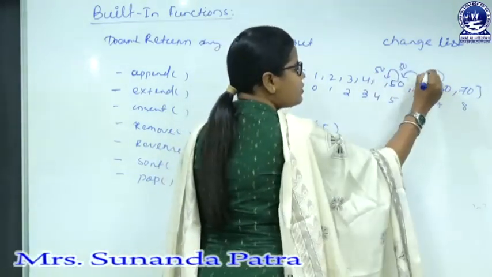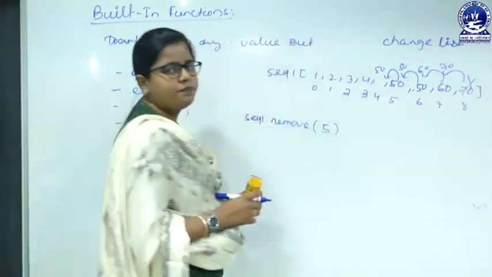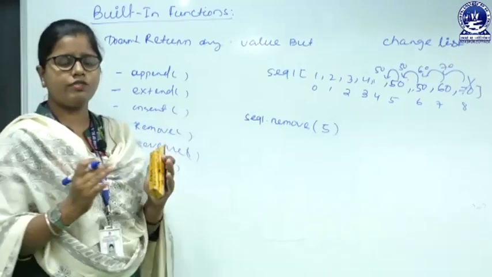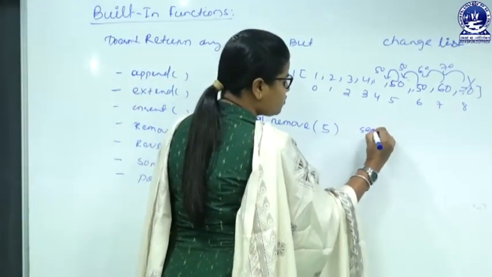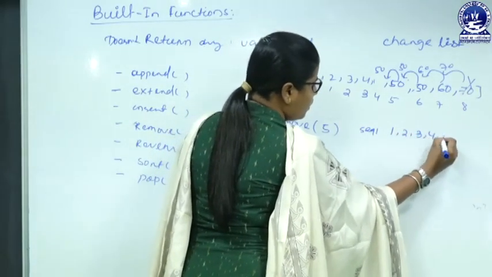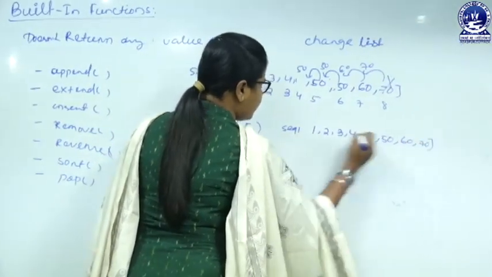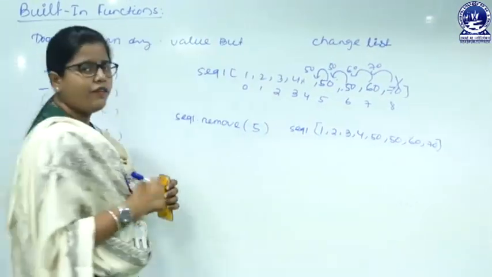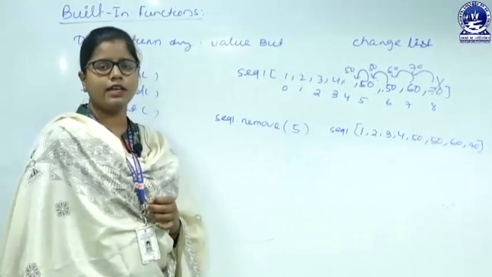This will be 60 and this will be 70 and nothing is here. That means the list will be squeezed. After executing this, sequence1 looks like 1, 2, 3, 4, 50, 50, 60 and 70. This much only. So, when we go for printing sequence1, this will get printed.